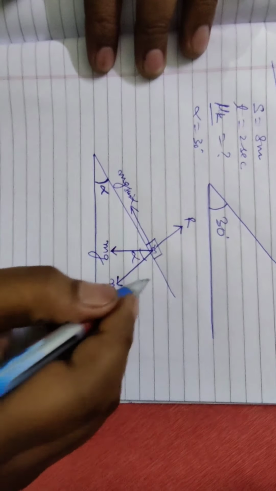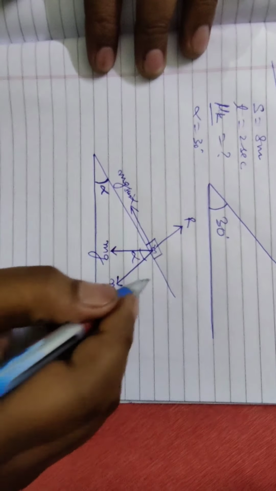Now equating the forces along the y-axis, suppose we are taking along the incline as x and perpendicular to the incline as y. So on equating the forces along y, R is equal to mg cos alpha. This is the first equation.